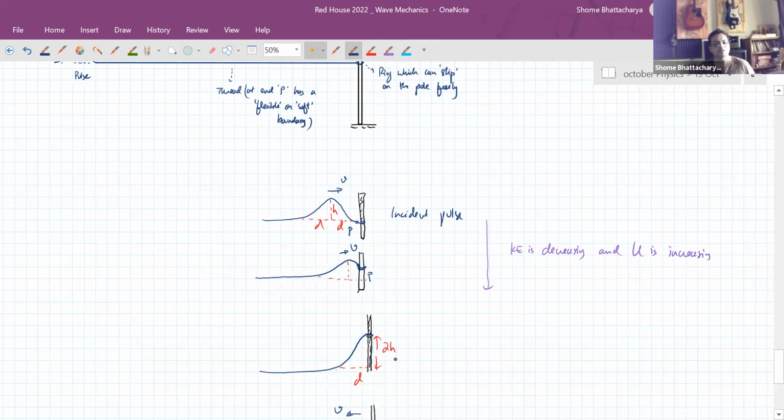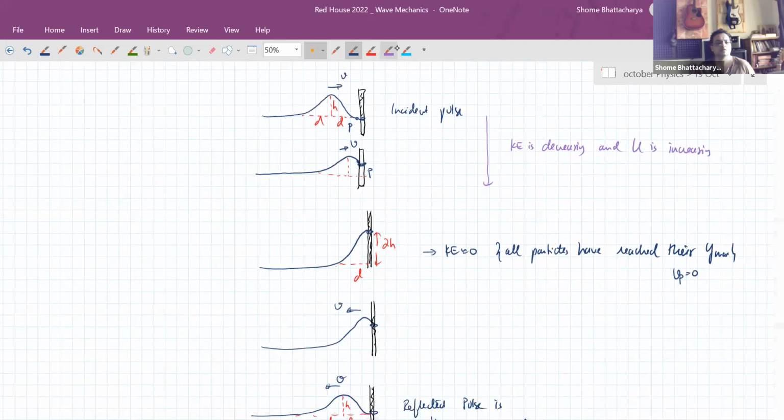Momentarily, all the particles reach the maximum displacement. So the kinetic energy tends to zero because all particles have reached their respective maximum transverse displacement. Particle velocity becomes zero. And then again, potential energy is converting to kinetic energy.